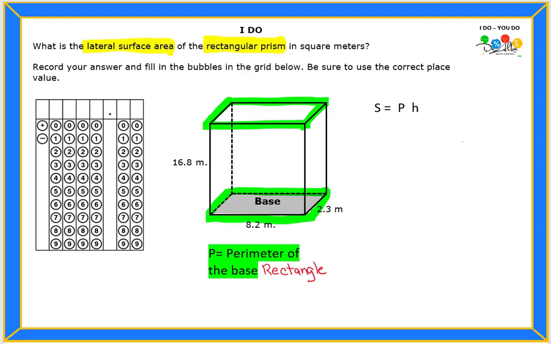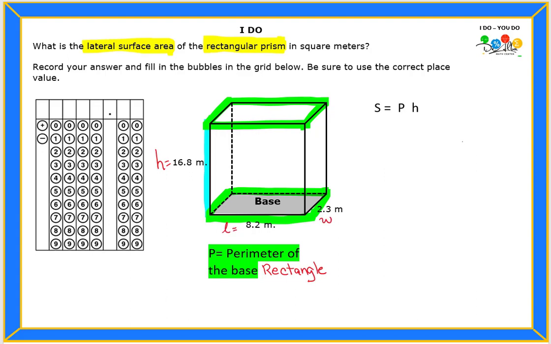That number is actually the line that connects both of my bases. So therefore, this is your height. That's how tall that 3D figure is. Okay, 8.2 is the length and 2.3 is my width.